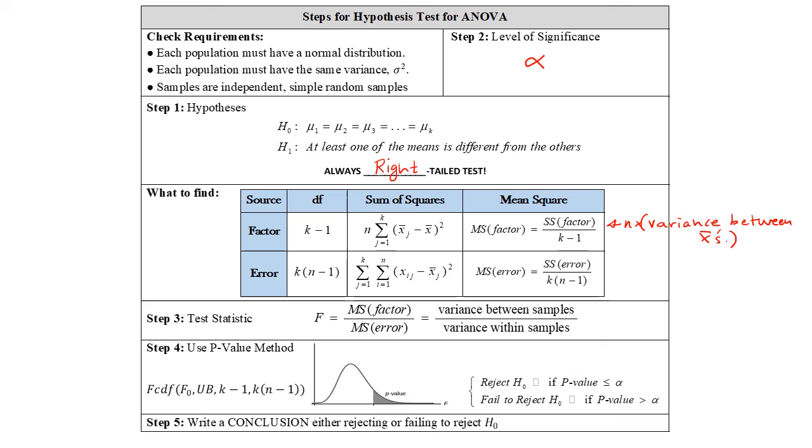When we divide that by n minus 1, what that gives me is the variance of that particular sample. And then we're going to sum that up between each of the different samples, and then divide by k. So what that does is it takes the mean of each of the sample variances.